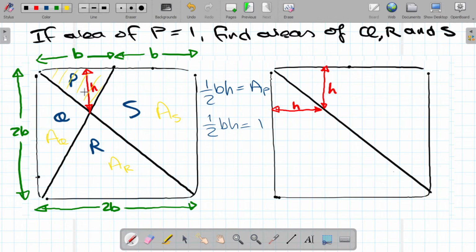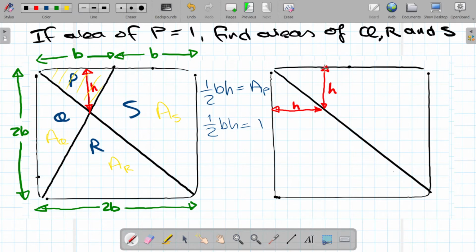Well, you'll note this is diagonal, and I've redrawn the square over here. This is the whole square, and this is the diagonal that joins the upper left hand corner to the lower right hand corner. Now this is the height of this triangle here. So I've redrawn it on here without drawing this diagonal.